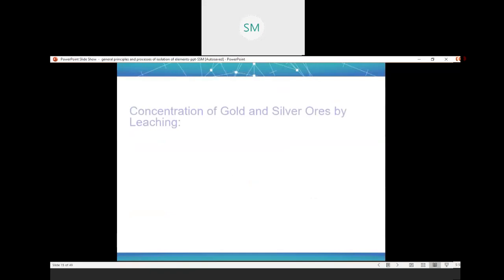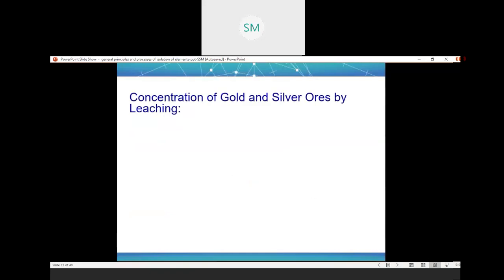Another example for the leaching method is the leaching of gold and silver ores. In this method, the ore is treated with a dilute solution of sodium cyanide or potassium cyanide so that gold comes into the solution as potassium dicyanoaurate. And from the solution, gold is extracted by treating with zinc.